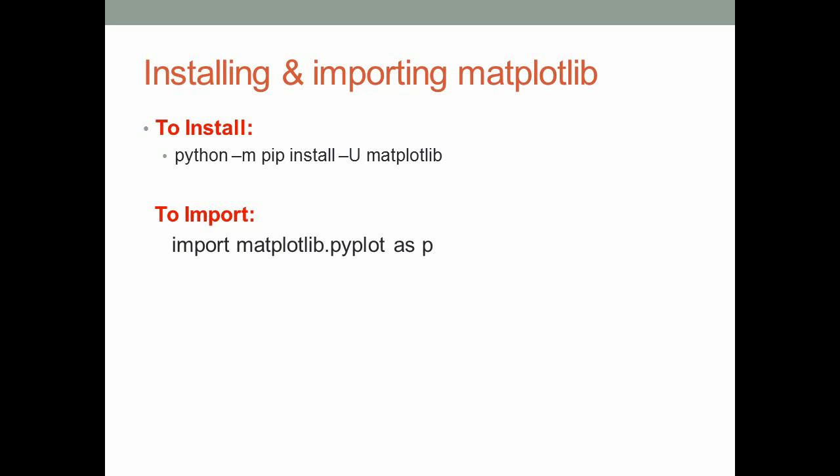For installing this library you should connect your computer to the internet, only then can you install. After that, if you want to use the pyplot module from the matplotlib library in your program, you have to keep one statement in every Python program. That statement is import matplotlib.pyplot as p. Here p is the alias name for the library.